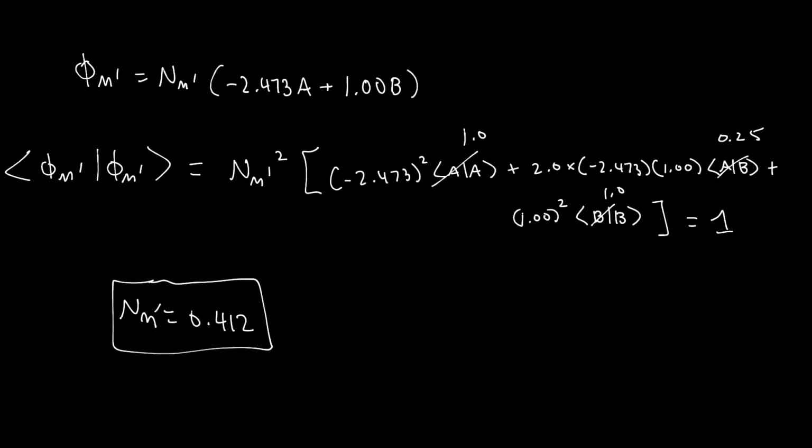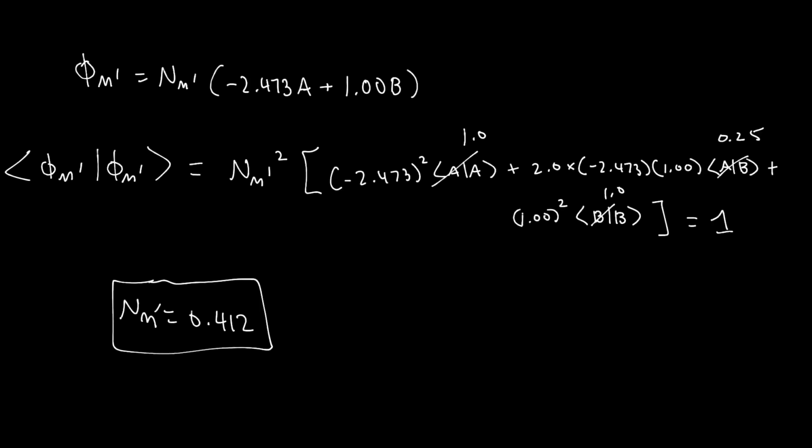Sorry, I meant to say <a|b> with a 0.25. I got a little ahead of myself, but the reason I can do that is because <a|b> and <b|a> are symmetrical, so I condensed the middle term to make the calculation simpler. Now we can substitute 1.0 for <a|a>, 0.25 for <a|b>, and 1.0 for <b|b>. And after doing the math, you'll get nm prime equals 0.412.